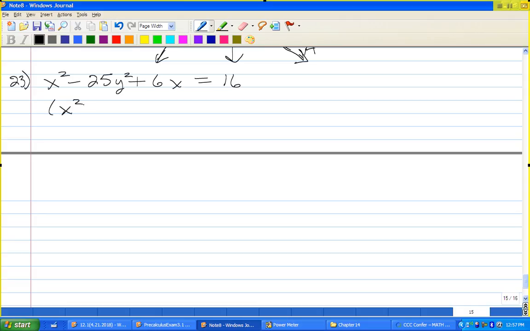Group x's together, y's together, complete the square.